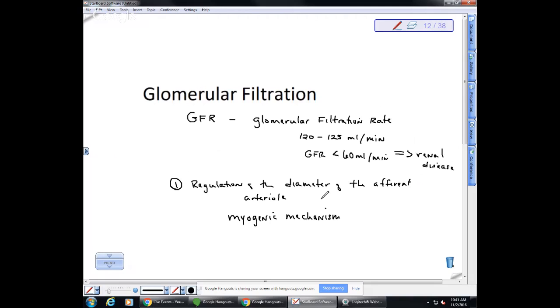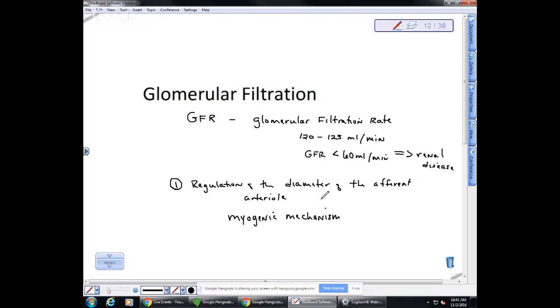What happens with arterioles is if there's too much blood coming in, so let's say the flow of blood into the glomerulus is too great, it could damage the capillary. It's going to cause the arteriole to expand, and it will contract in response to that.